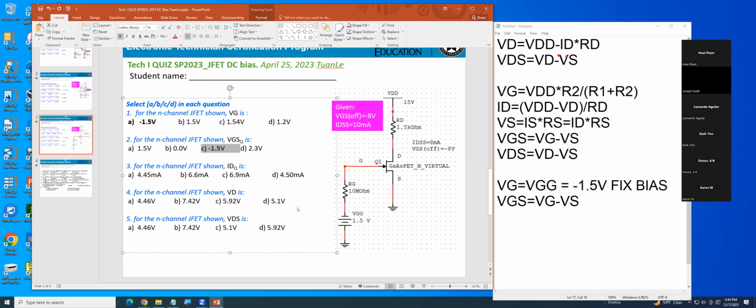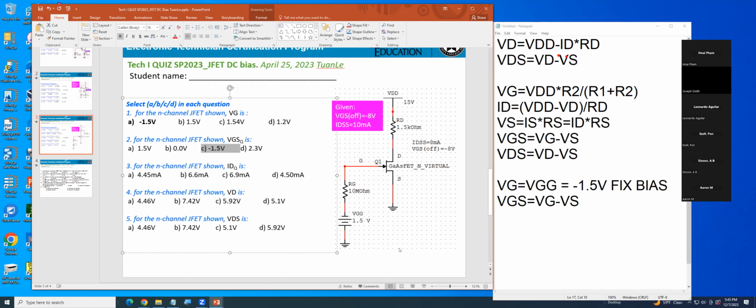Okay, and the next will be ID. If you want to calculate the ID, you have to use the formula.